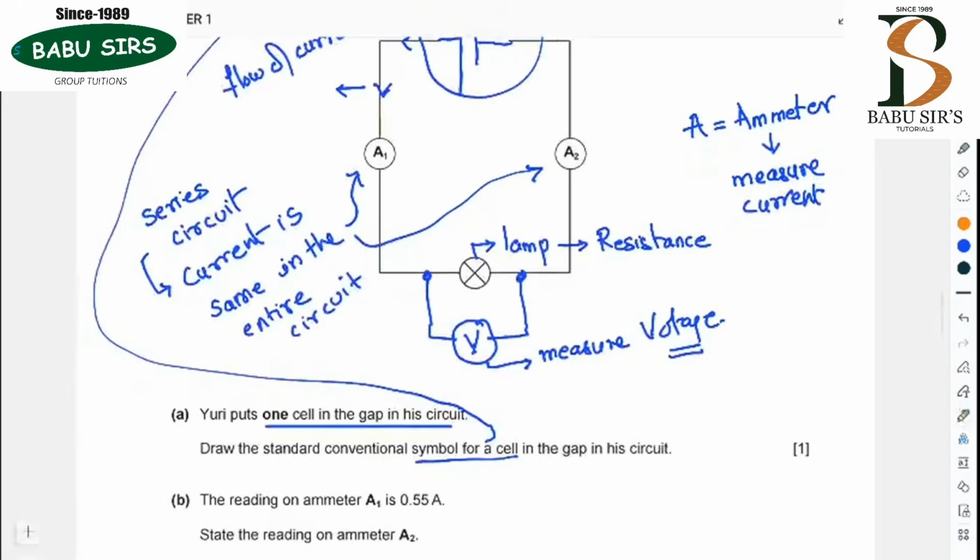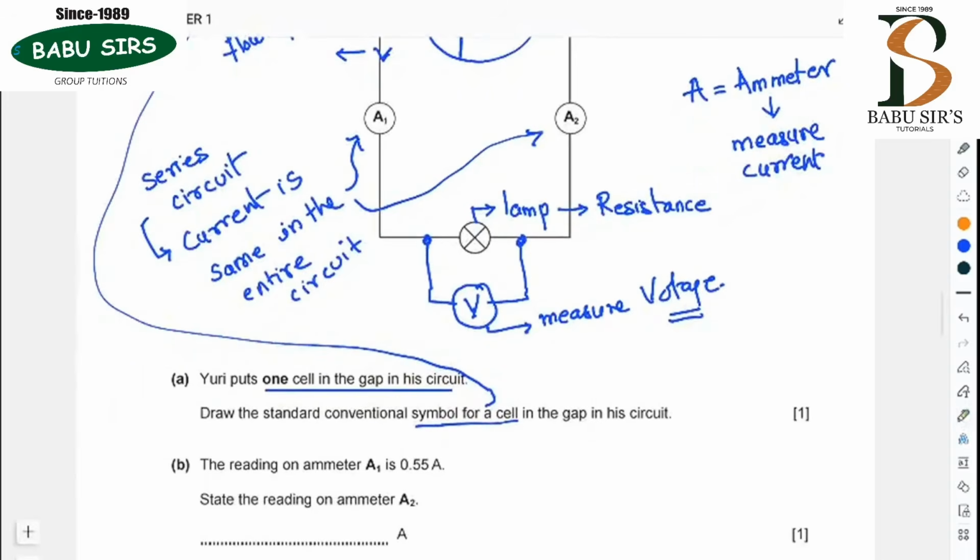Second is, the reading of ammeter A1 is 0.55 ampere. State the reading of ammeter A2. So as I told you here, the current in the entire circuit will be same. So in A2 also it will be 0.55.